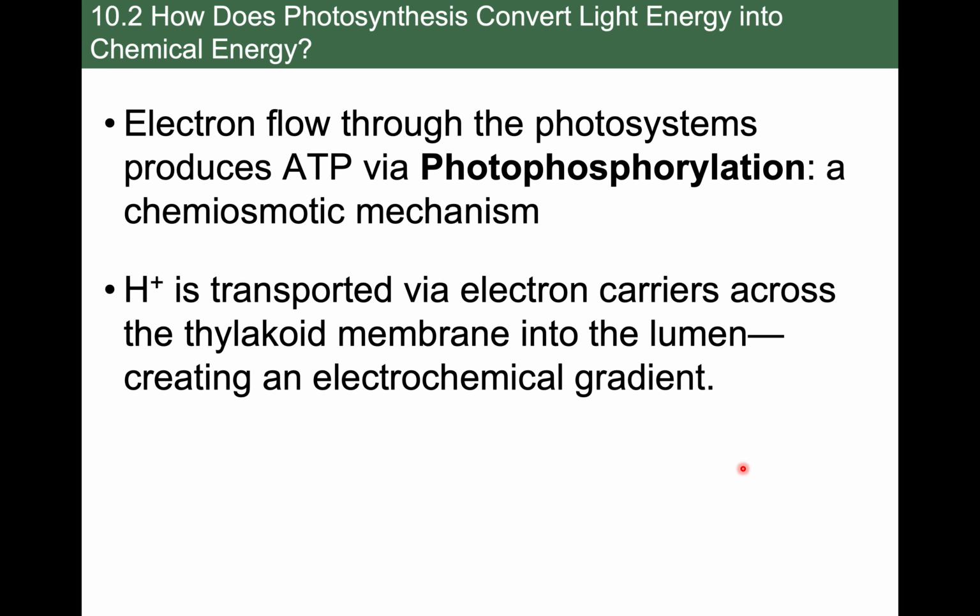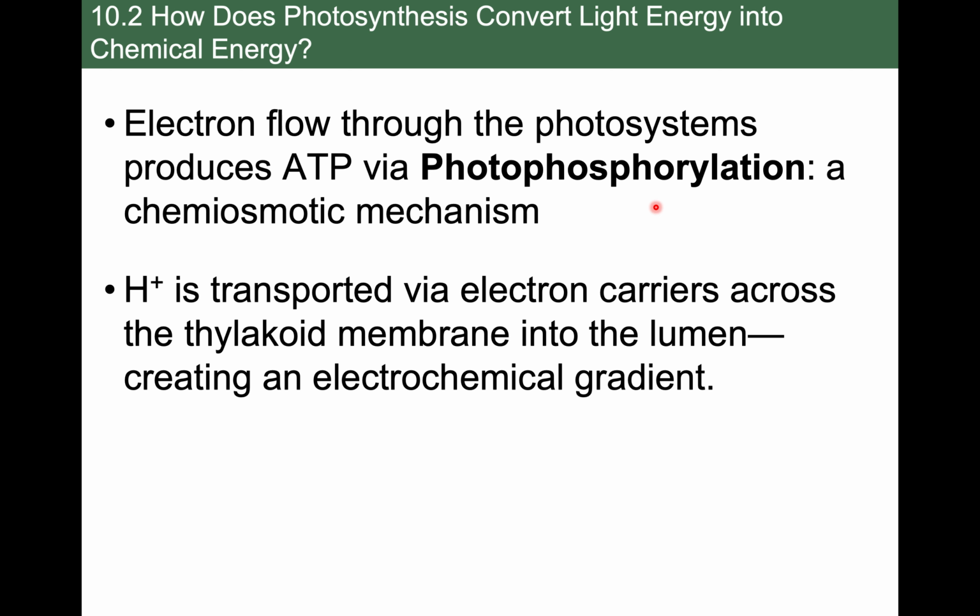Now I want to focus in on that aspect of ATP production. So how does this work? How is that electron transport chain producing ATP? Technically this gets called photophosphorylation, but this is kind of a fancy word, just like oxidative phosphorylation during cellular respiration, which was just phosphorylating ADP to make ATP in the presence of oxygen.